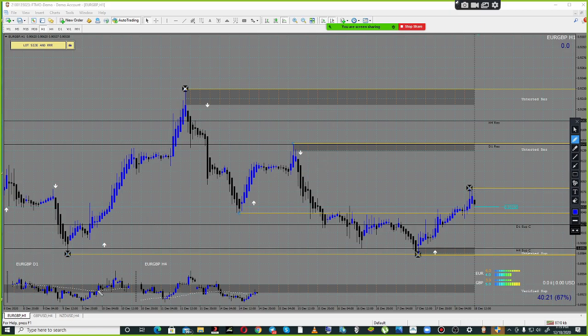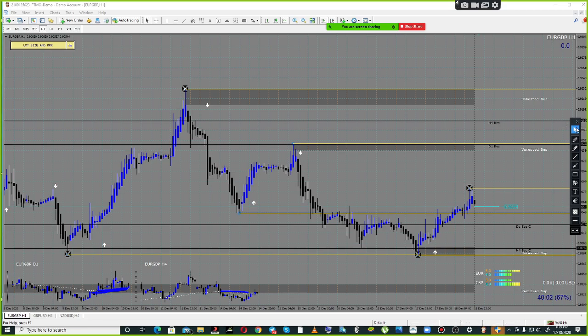You can see here, it shows me that on the daily the market is going up, and on the 4 hour it was going down, but I want all the time frames to align.